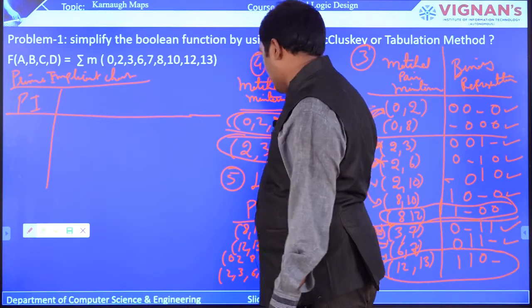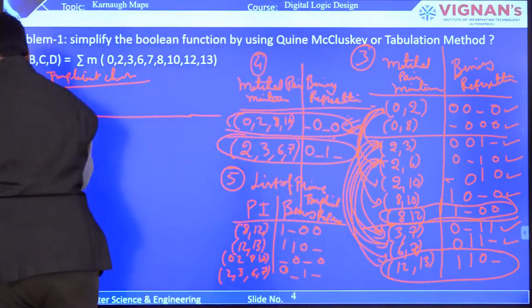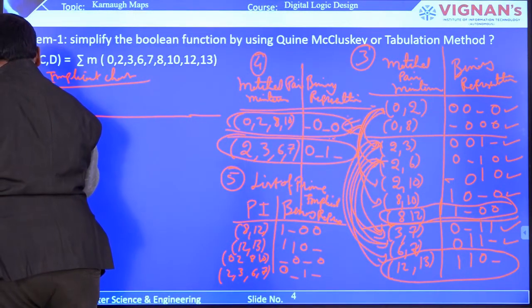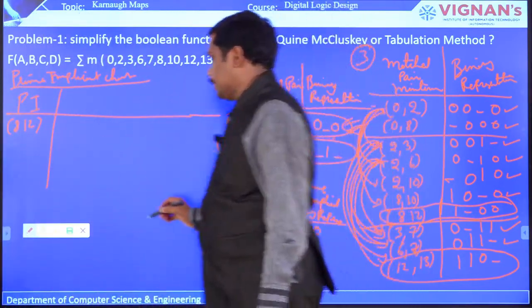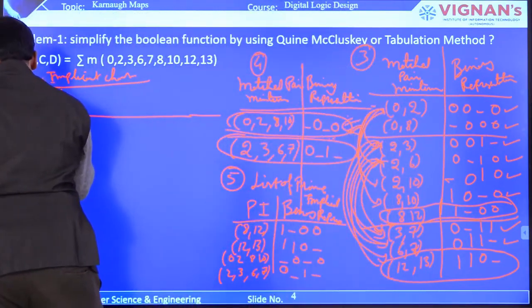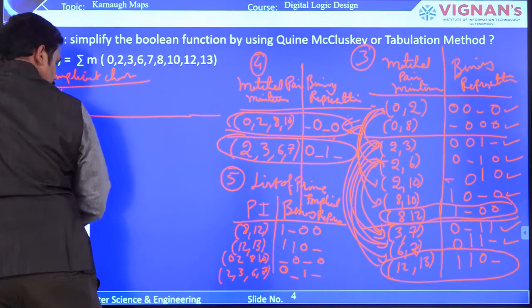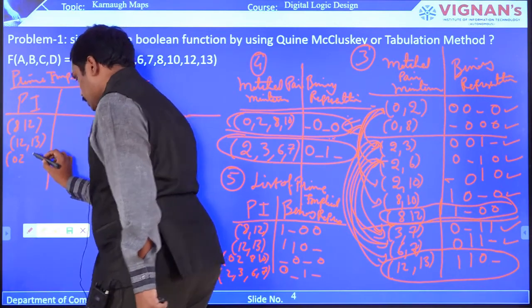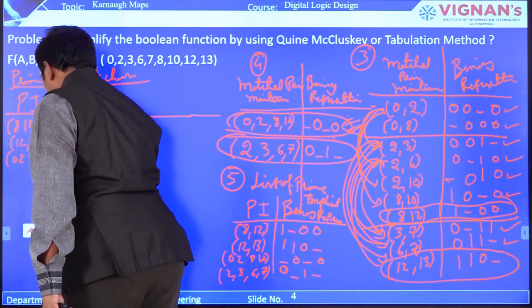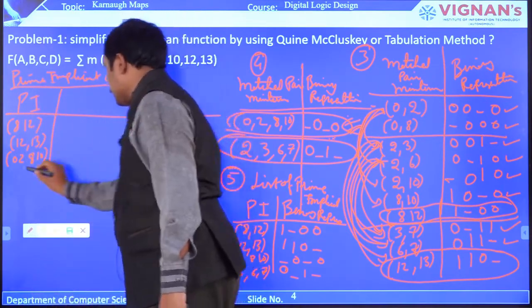So the prime implicants are 8 12, and then 12 13, and then 0 2 8 10, and then 2 3 6 7.